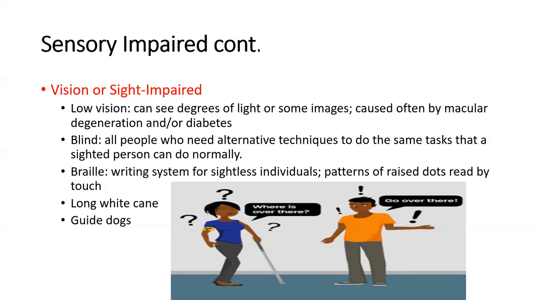A good illustration of this is in our picture below, where the person is saying go over there, and this person is sight impaired, and they say, where is over there. And then you have your braille, the written system for sightless individuals, and a clear indication of a vision impaired person is they may have a guide dog or a long white cane.